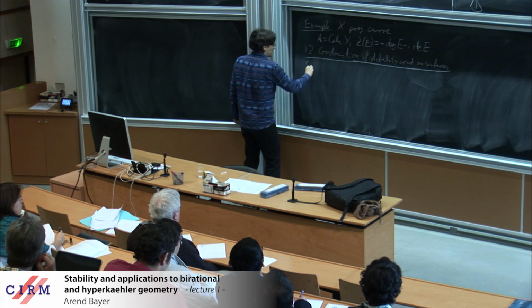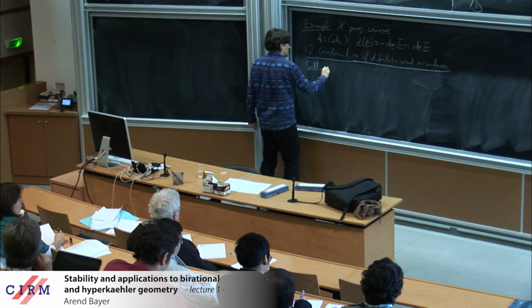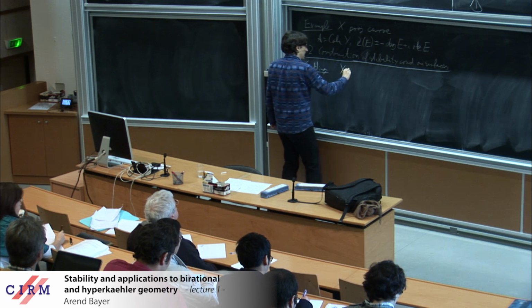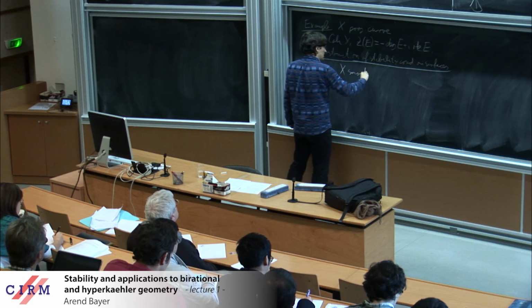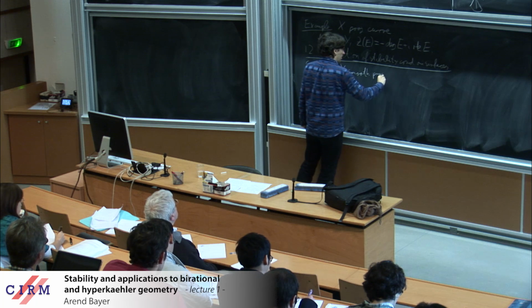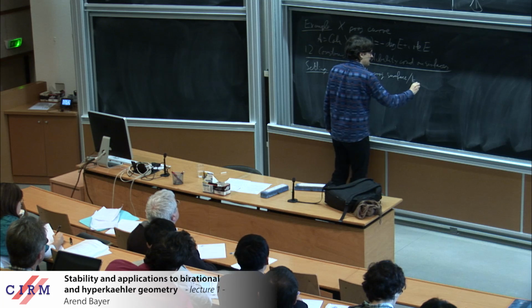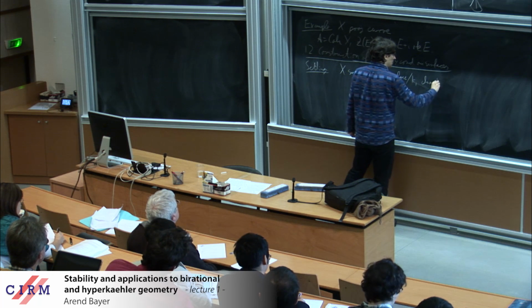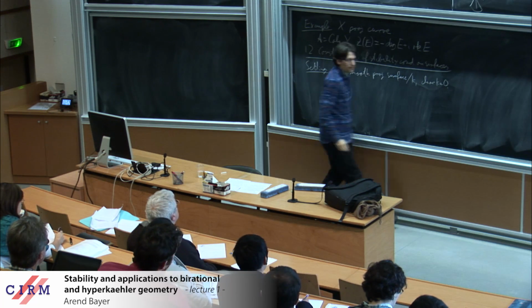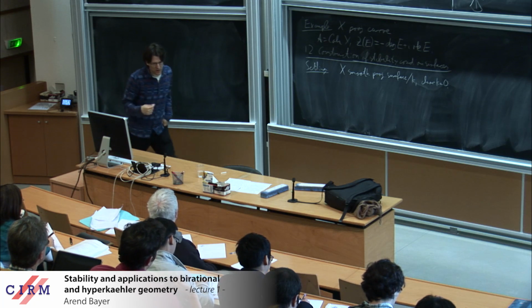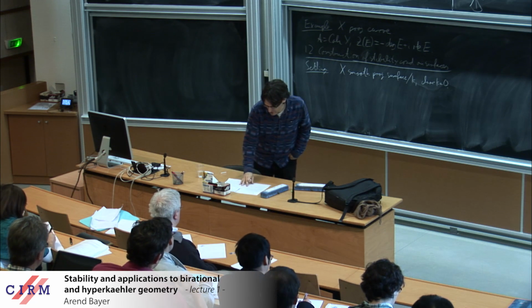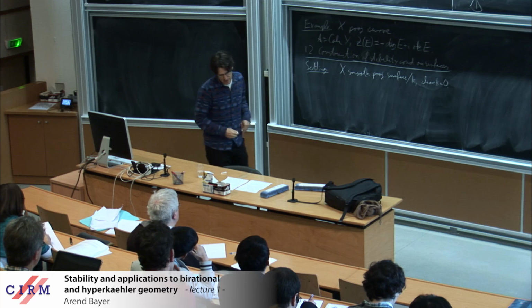And so I have to change my setting slightly here now. So I have to assume that now X is a smooth projective surface over k, and I also have to assume that the characteristic of k is equal to 0. So to my knowledge, it's an open problem whether stability conditions on surfaces in characteristic p exist, actually, in general.